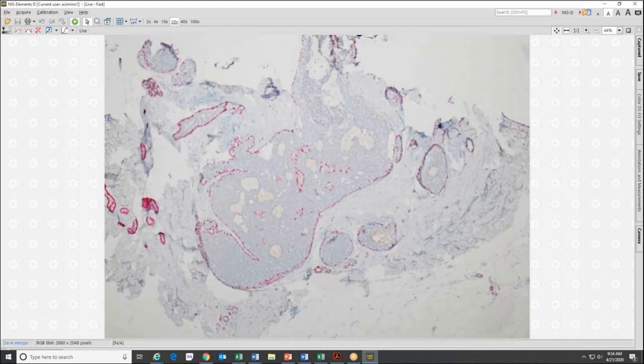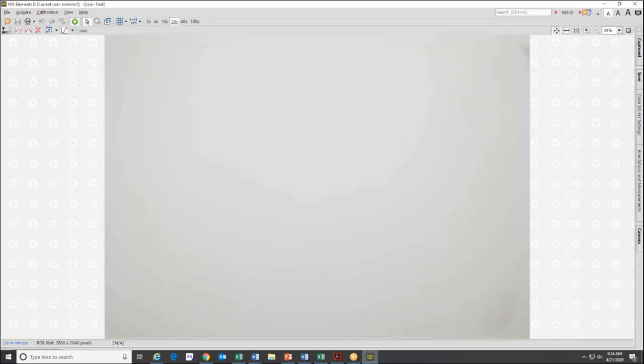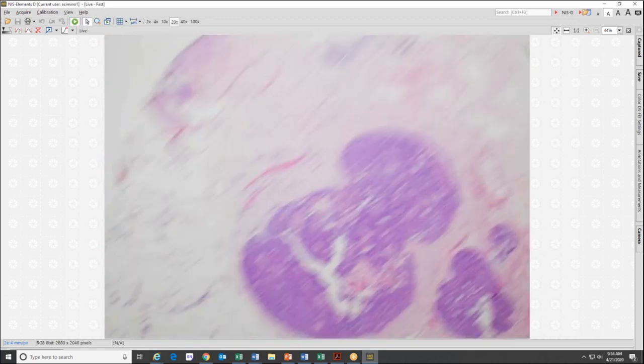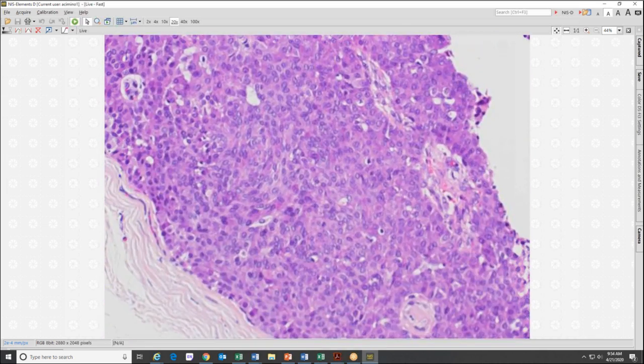I'm showing this example because these nuclear and cytoplasmic features of the granularity and the monotony can be seen both in in situ processes, just conventional DCIS classification, as well as in the solid papillary carcinomas.